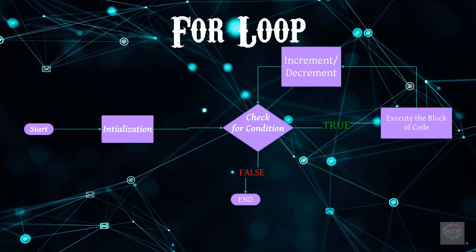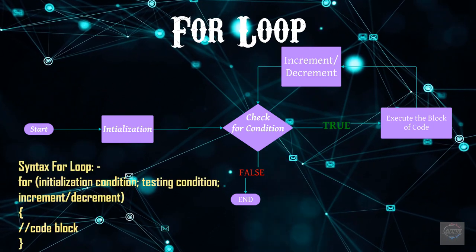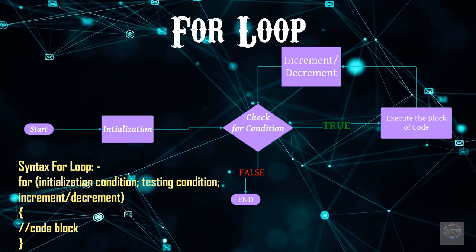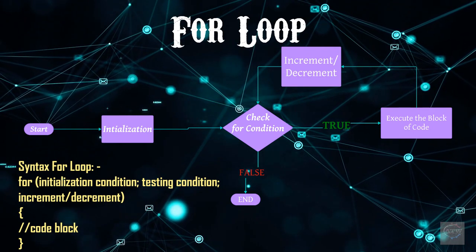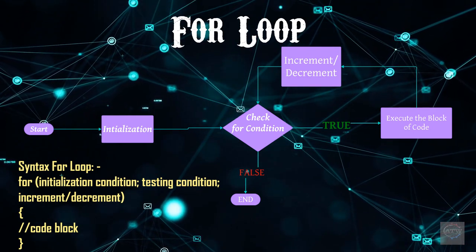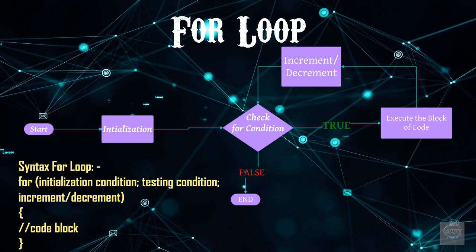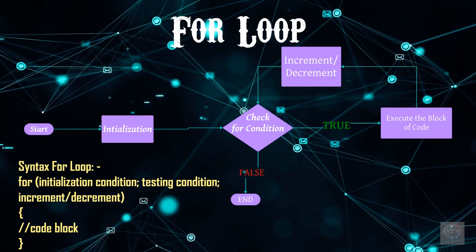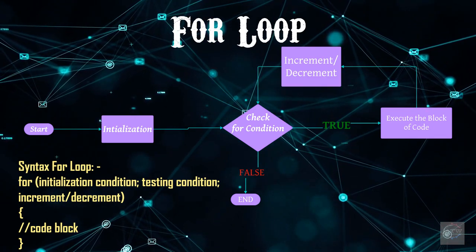That's it. So what is the syntax of the for loop? For, open brace, initialization condition, as I told, int i equal to 5 in our case, which I have explained. Second is the testing condition, i less than or equal to 15. It means the loop will run up to 15, not 15 times, because it starts with 5, right?